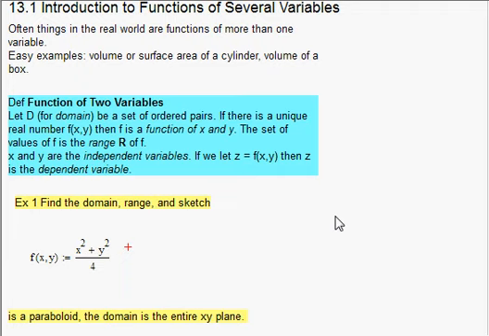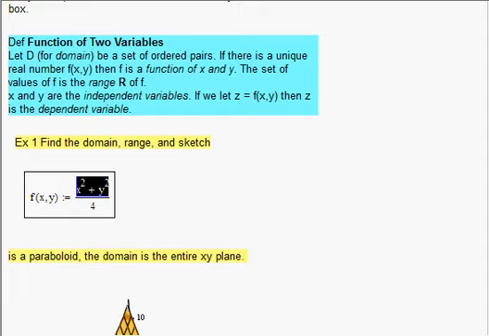The range is a set of values z going between 0, including 0, and infinity. And the sketch, well, this particular animal is an elliptical, although this one is a circular paraboloid. And the domain is the entire xy plane, and that might be a new concept for you.